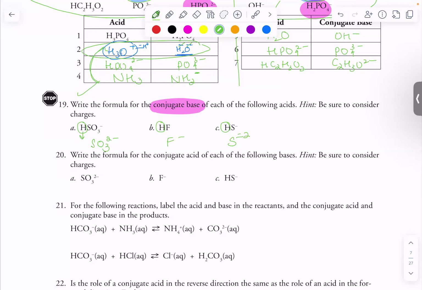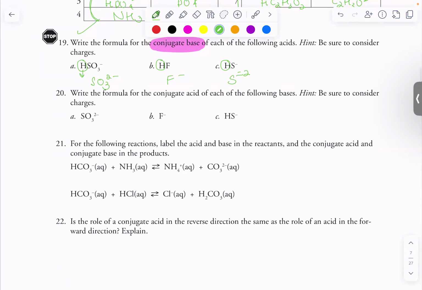All right. Next, write the formula for the conjugate acids of each of the following. Okay, so you will add hydrogen ion. Oh, sorry, I was doing the wrong one. Okay, the conjugate acid would be HSO3 minus.